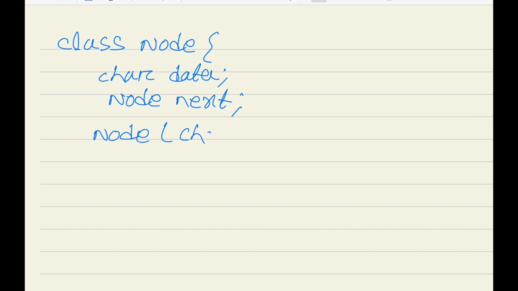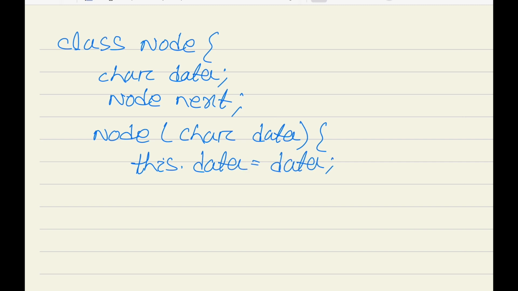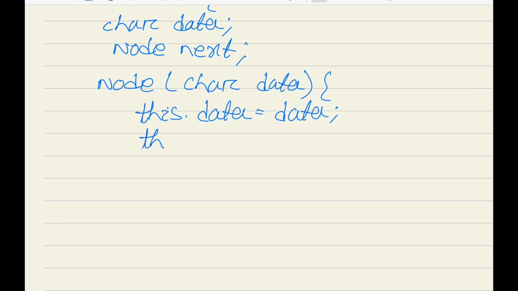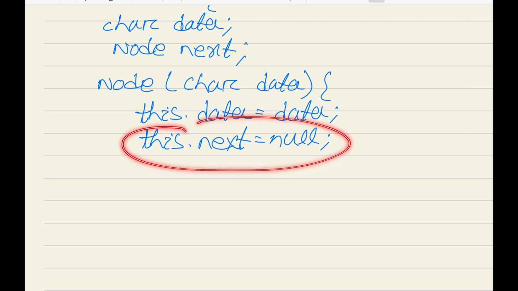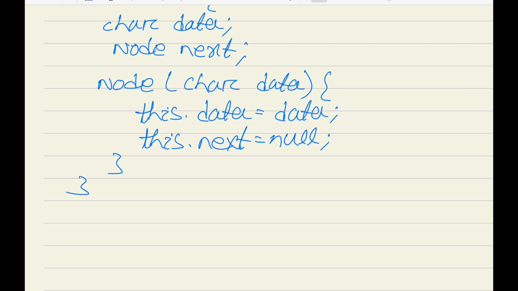So node char data, and here this dot data equal to data. Then we can also initialize this dot next equal to null. This is optional. If you want to write this dot next equal to null, you can write. Otherwise if you want to skip, you can skip, because by default the reference variables are initialized with null. Okay, so end of constructor, end of class.